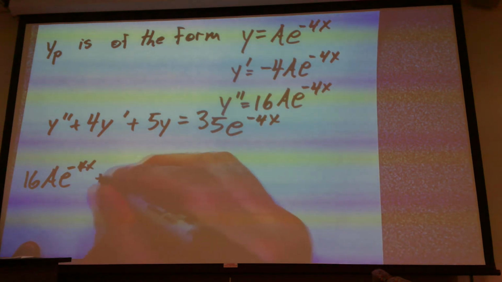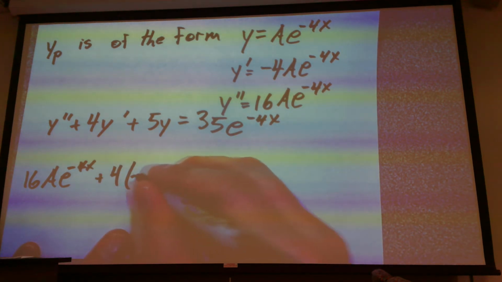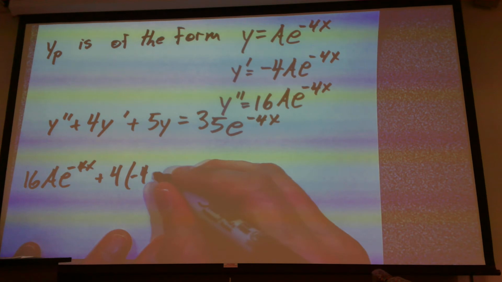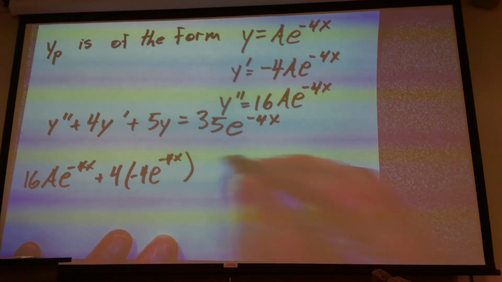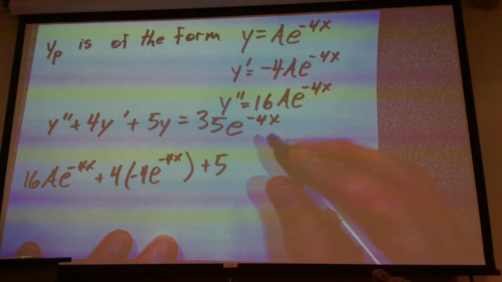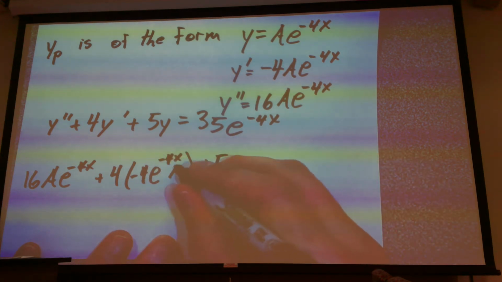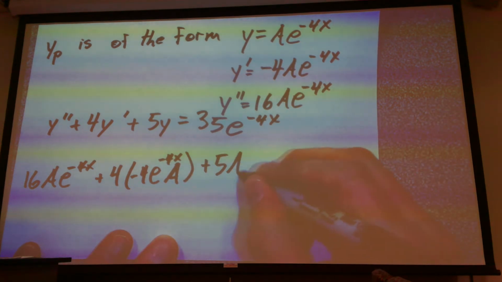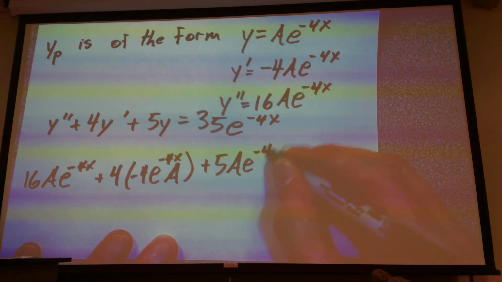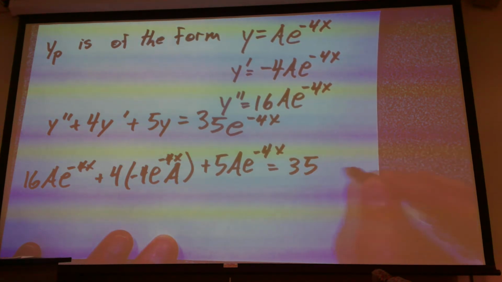Okay, now plus 4 times negative 4 e to the minus 4x plus 5, now, sorry, there's an a in there, a e to the minus 4x, and that's going to equal 35 e to the minus 4x.